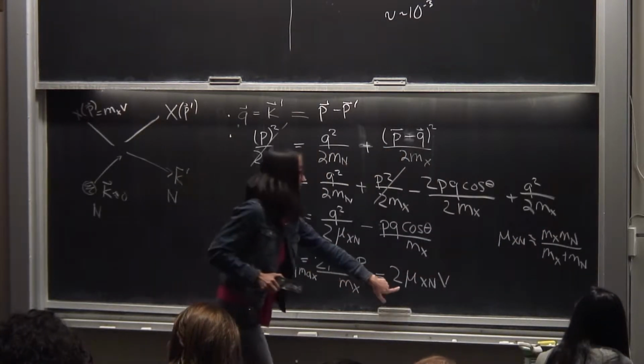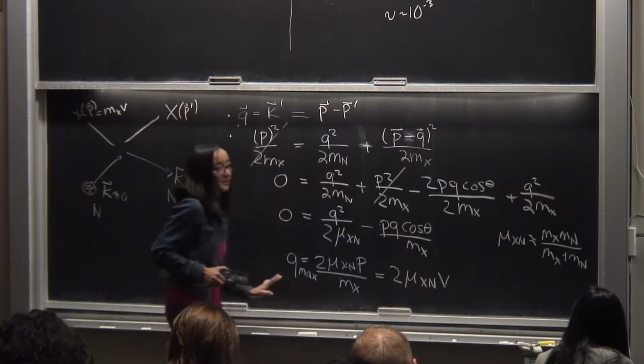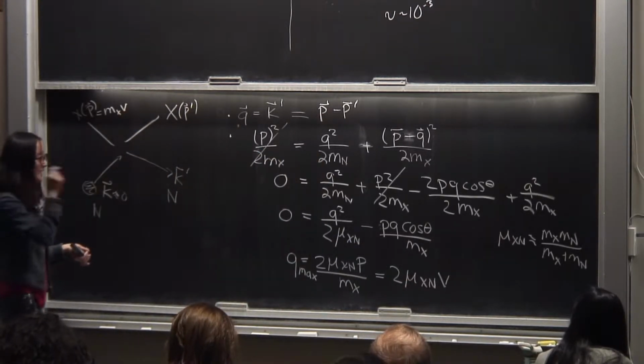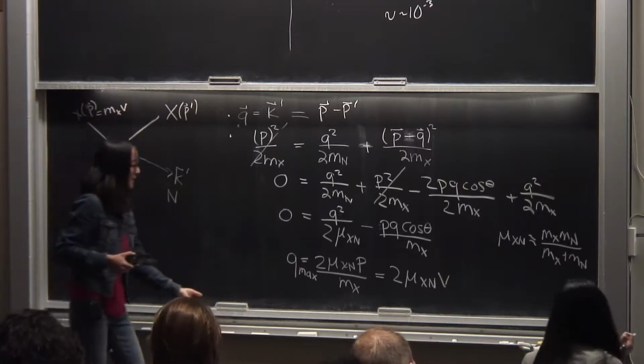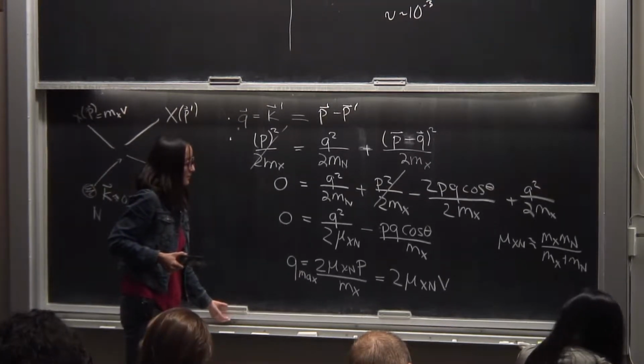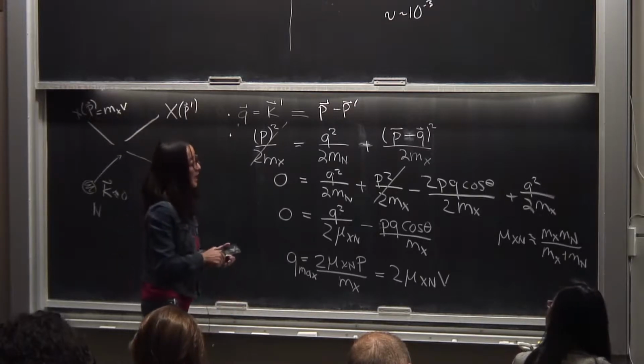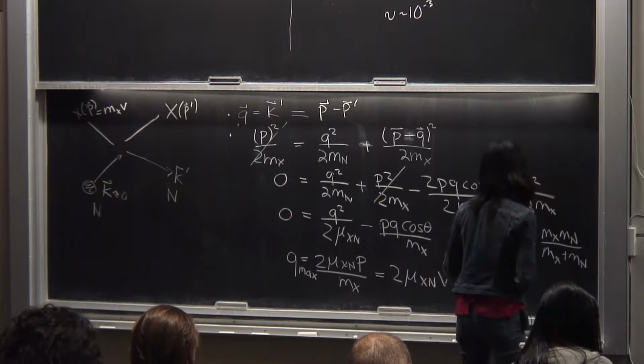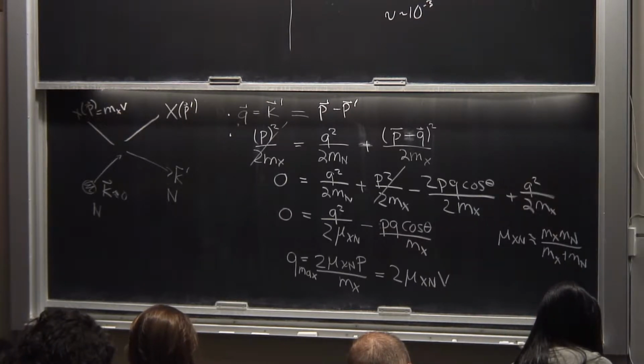So there's the reduced mass. And our momentum transfer is just 2mv. So that's what we expect if we have a very heavy target and the dark matter just hits it and bounces right back. And then we use this result for the maximum momentum transfer to get a maximum recoil energy.